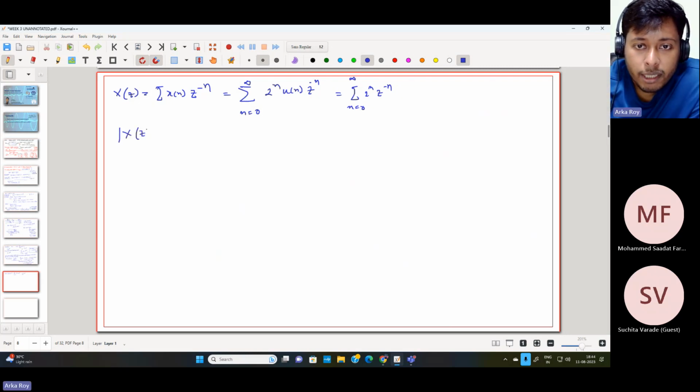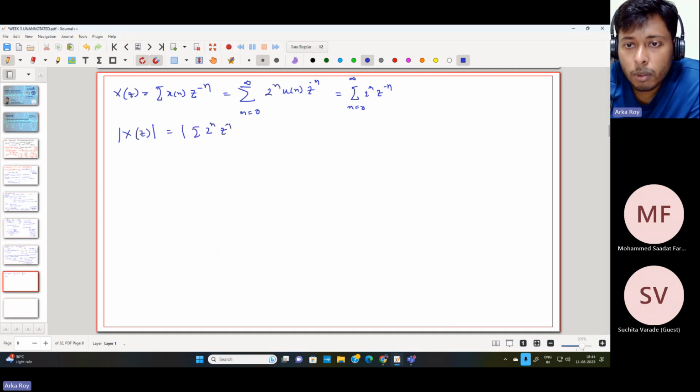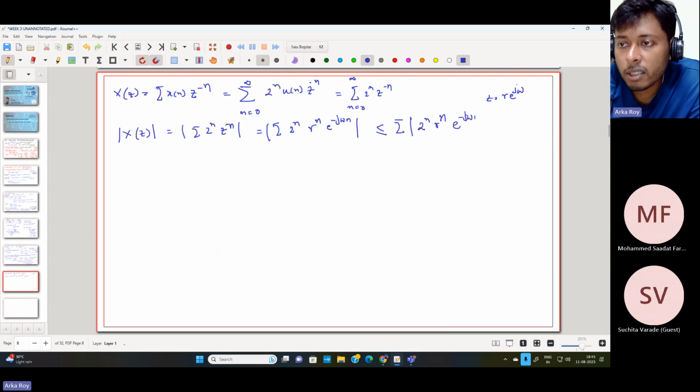Now we have to see the stability here also. So this will be the mod of 2 to the power n z to the power minus n. And I can write z equals r e to the power j omega. So it will be r to the power n and e to the power minus j omega n, and then take the mod. The mod of a summation is bounded by the summation of the individual mods, so the mod goes inside: 2 to the power n, r to the power n, e to the power minus j omega n.